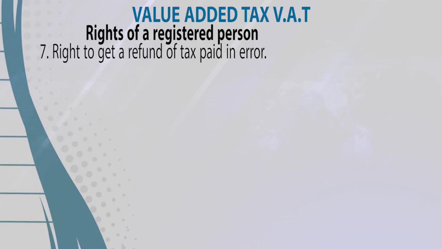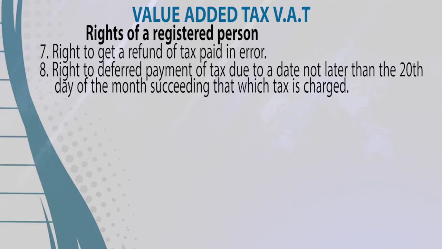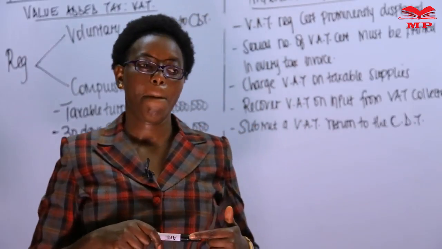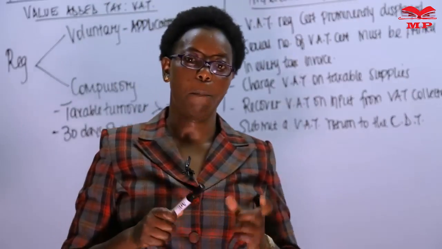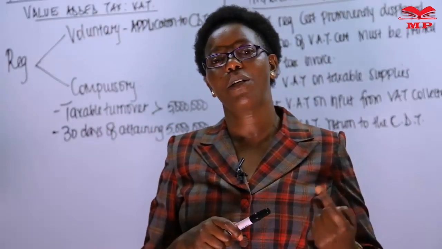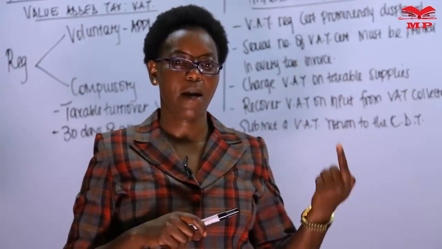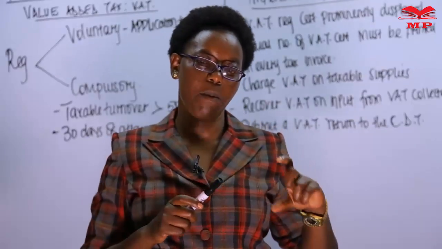Then defer payments of tax due to a date not later than 20th day of the month succeeding that in which tax is charged. We're going to see later that in VAT, the time period for payment is rather regular because it is every month. So you pay VAT per month.